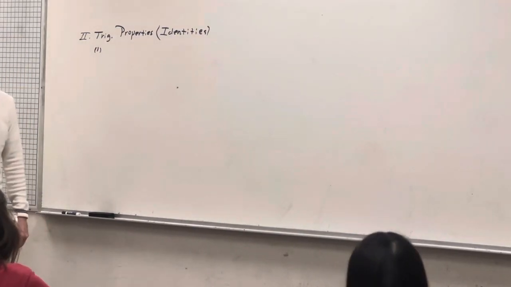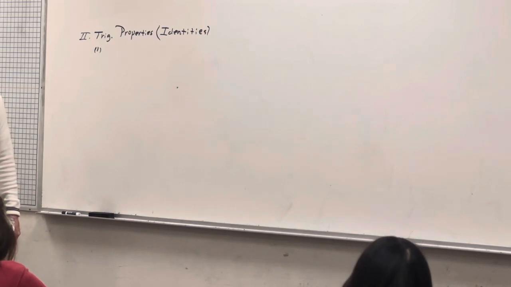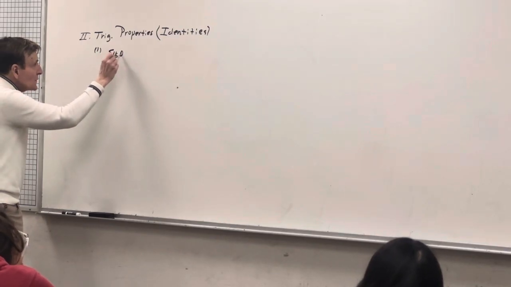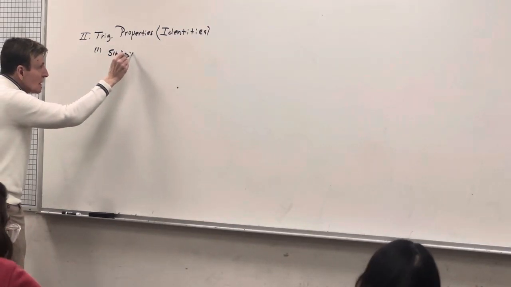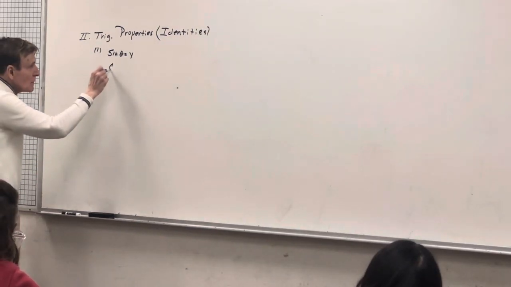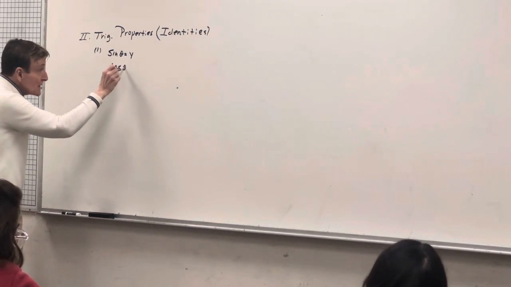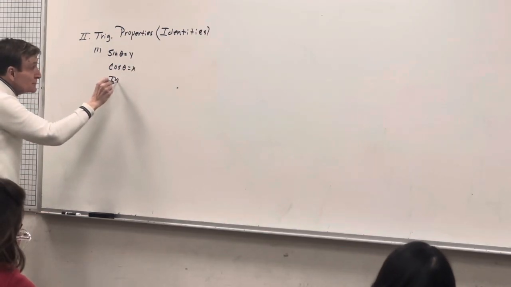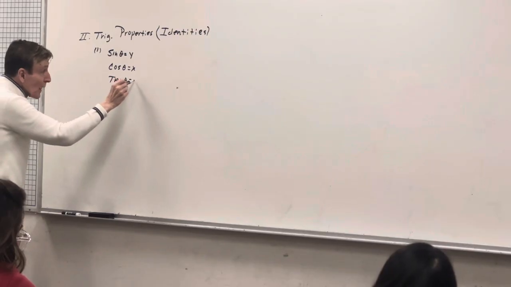Okay, first we recap the trig functions from yesterday. Sine theta was defined as y. Cosine on the unit circle was defined as x. Tangent, y over x.